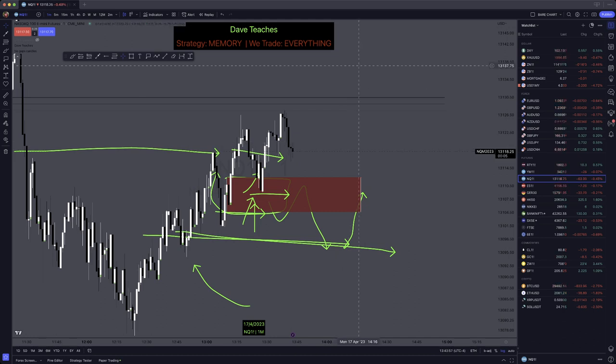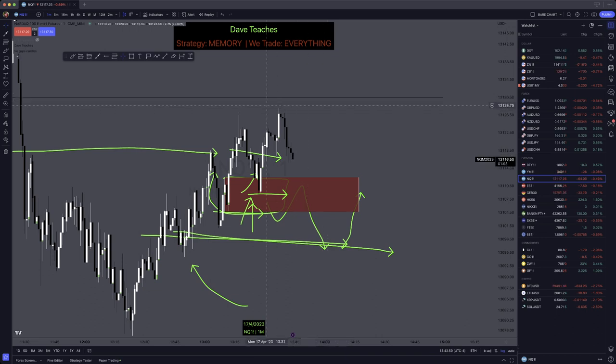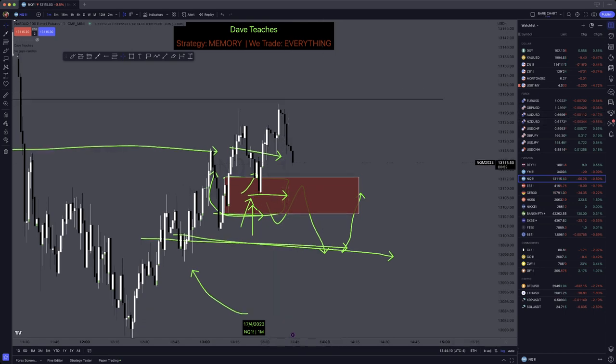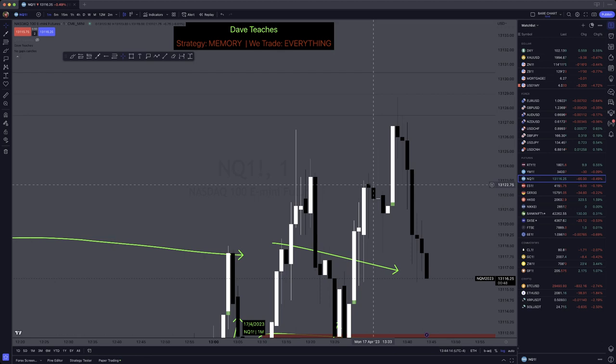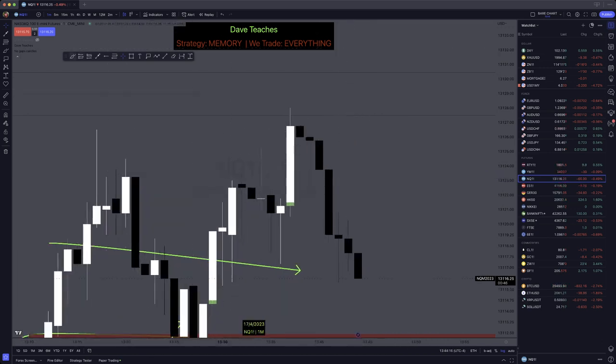If you need to go to the 15-second, the 15-second is going to show you the same stuff. It'll show you the same stuff up here. 15-second. We put in this low. We put in another high. We violate the low. Let me just go ahead and show you guys. We put in this high, this wick high, right?